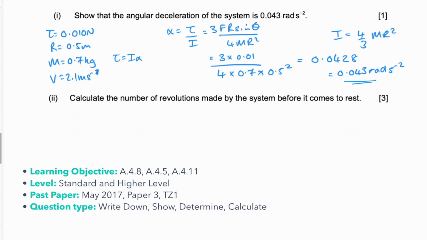2. Calculate the number of revolutions made by the system before it comes to rest. Okay, my instinct here is to use the equations of motion, but the angular version. And for that, I'm going to write down all these different things. The number of revolutions is basically a value of how many times it goes round, which is going to be this change in angular displacement. So I think we want to know what that is.